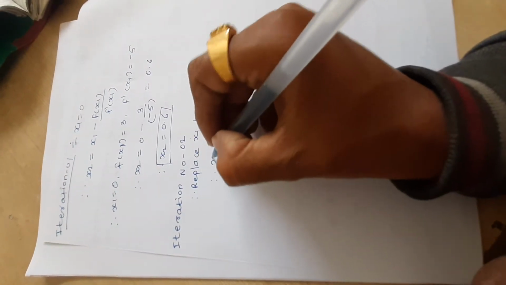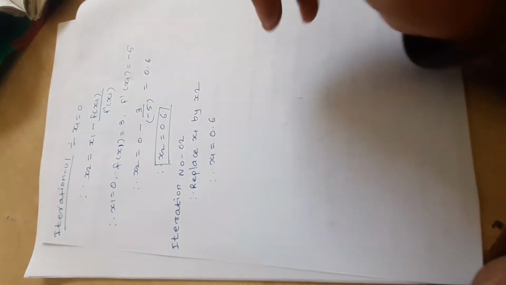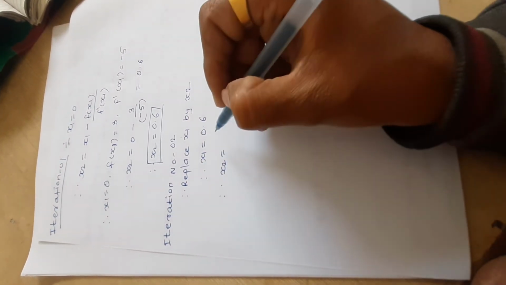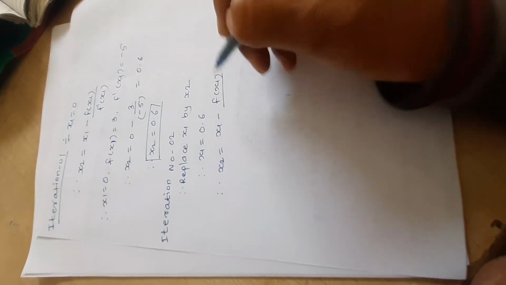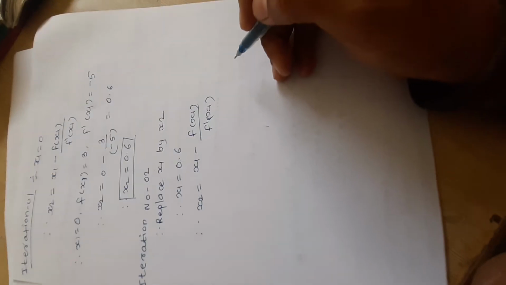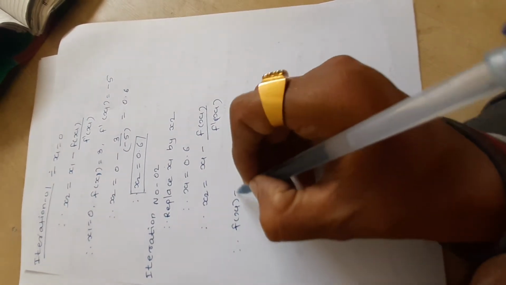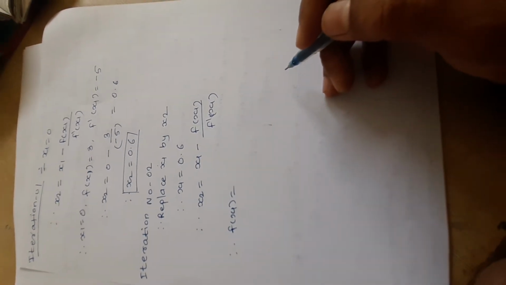x2, means take for next iteration x1 as 0.6, and we know that x2 equal to x1 minus f of x1 upon f dash of x1. So again here we have to calculate f of x1, because here x1 value is 0.6.